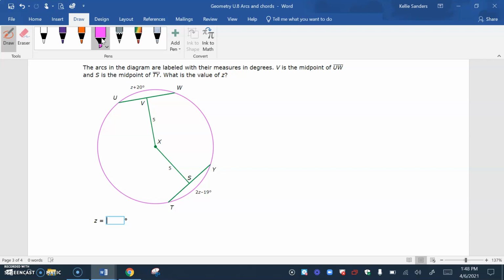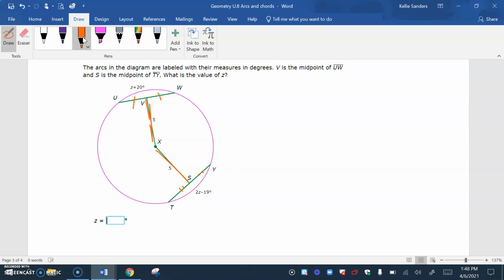The arcs in the diagram are labeled with their measures in degrees. V is the midpoint of UW, so those two are the same. S is the midpoint of TY, so those would be the same. But here we have 5 and 5.